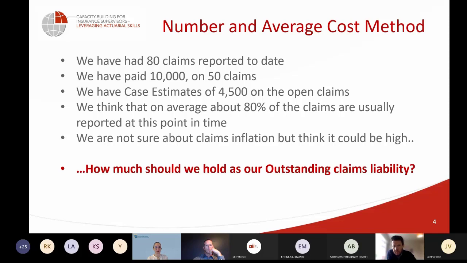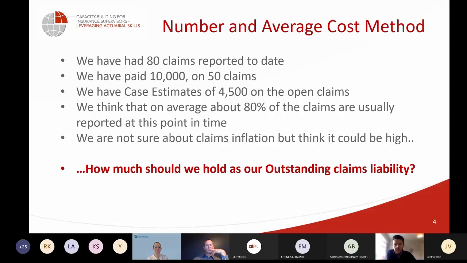We also think that on average, about 80% of the claims are usually reported by this point in time. But we're not sure about claims inflation, but we think it might be high. The question is, if that's all the information you have, how would you estimate an outstanding claims liability?